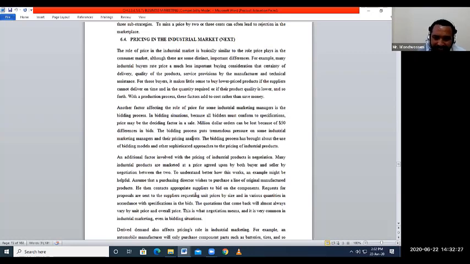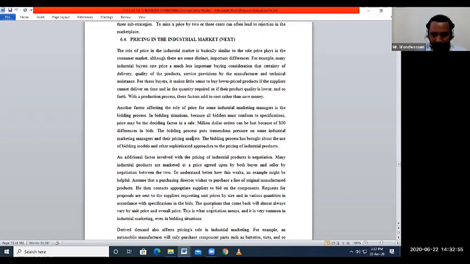So we have to consider the derived demand, or the demand of another product. If the demand of another product drops, the price for the product you are going to purchase will drop.